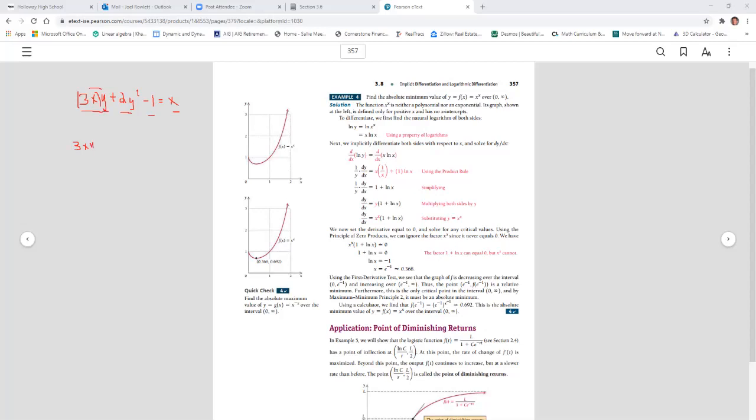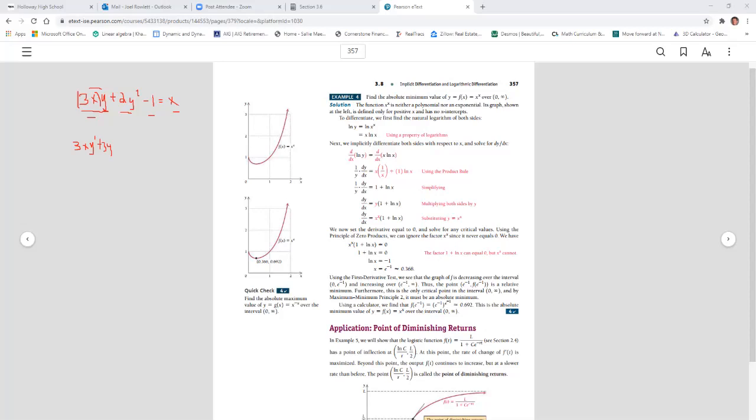Again, I like to use y prime instead of dy over dx. So I took the first term times the derivative of the second, plus the second term, which is y, times the derivative of the first. That's going to be 3. So I have 3x y prime plus 3y.